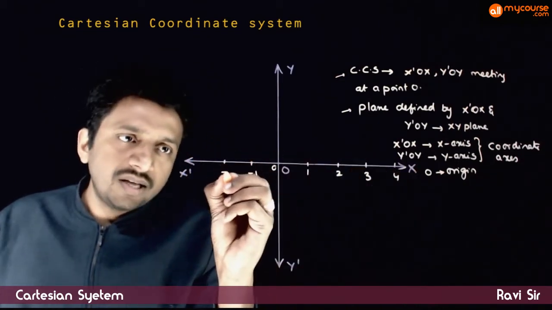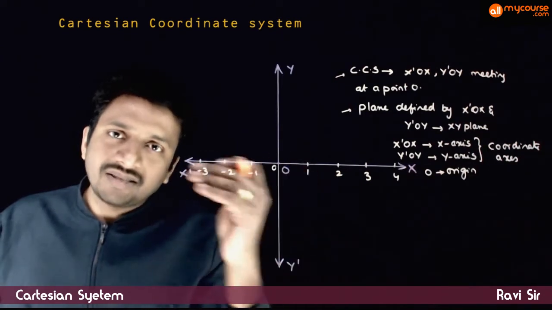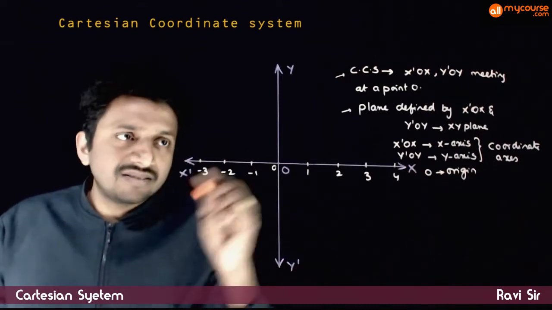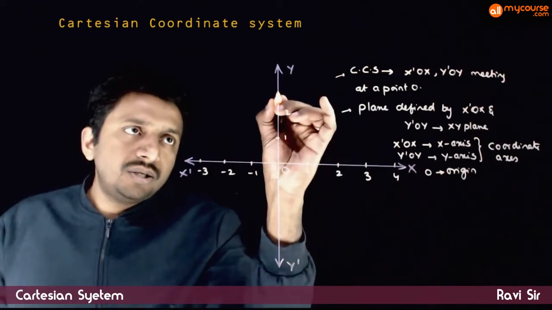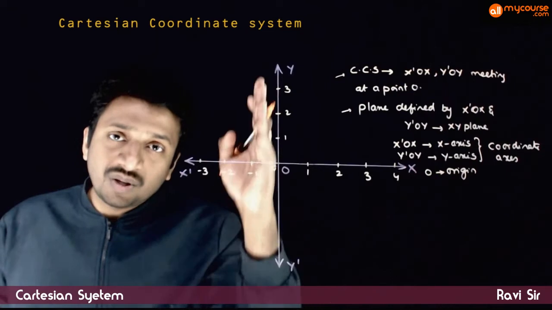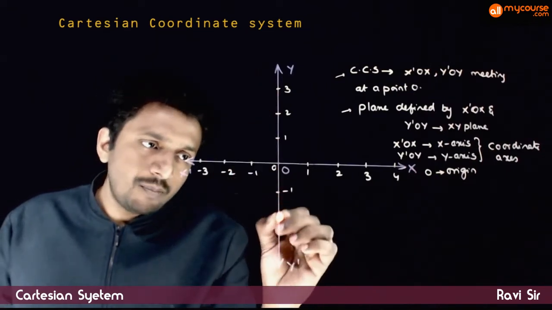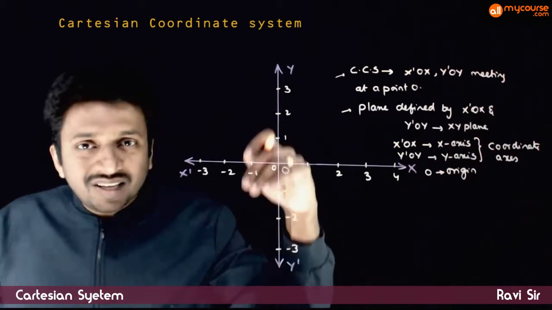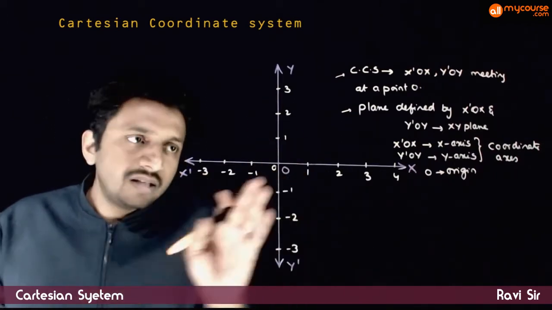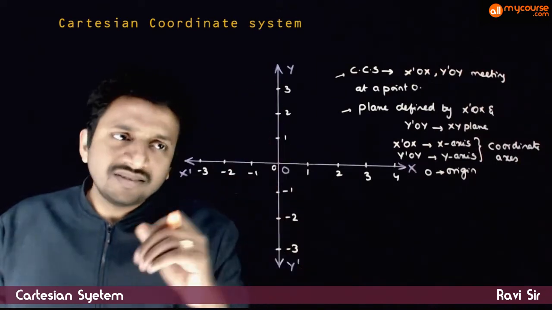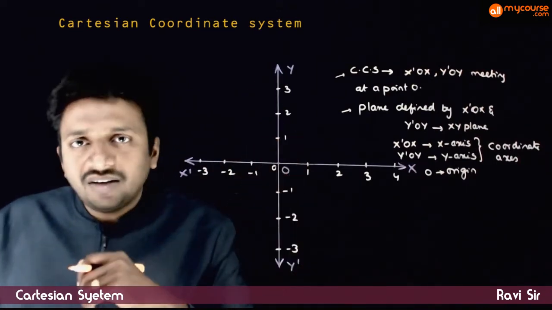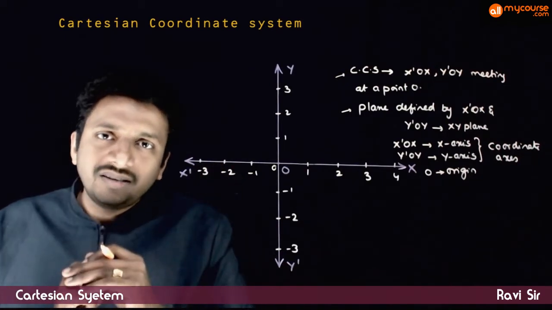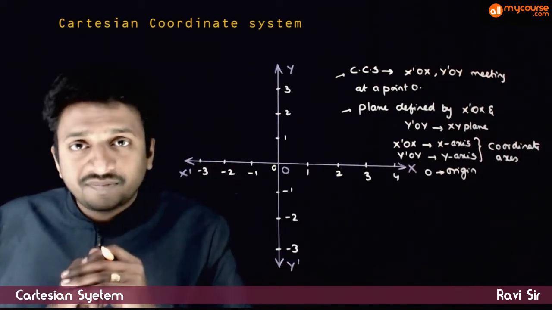And minus 1, minus 2, minus 3, and so on are the distances on the negative side of the x-axis. 1, 2, 3, and so on are the numbers on the positive side of the y-axis, and minus 1, minus 2, minus 3, and so on are the numbers on the negative side of the y-axis. So this is the positive x-axis, positive y-axis, negative x-axis, negative y-axis, and all these combined are called the coordinate axes.